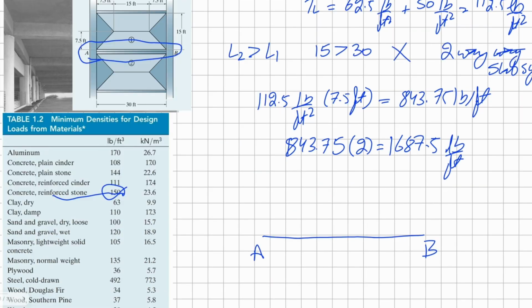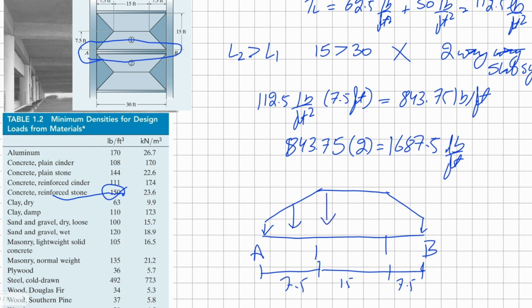So our load on the idealized beam would become something like this. This would be 7.5, this would be 7.5, where we have a trapezoidal shape.